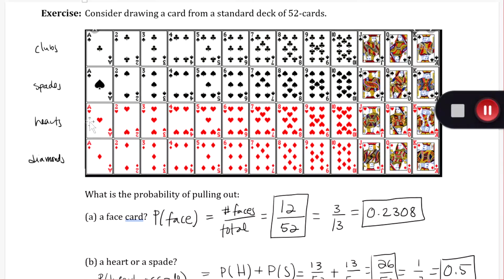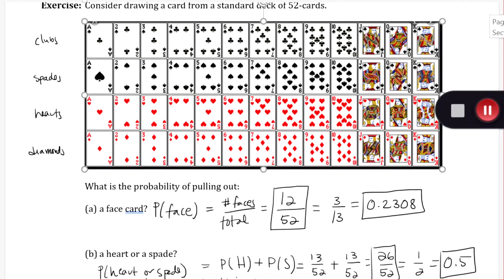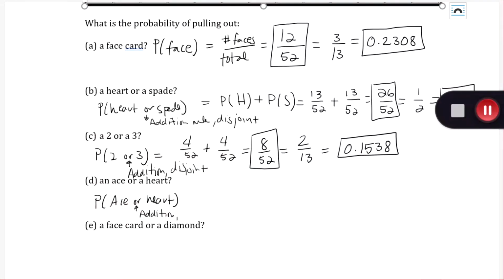We can, right here. And therefore, these two events are not disjoint. So we're going to have the probability of an ace plus the probability of a heart minus the probability that we're an ace and a heart simultaneously, because we don't want to count that twice.